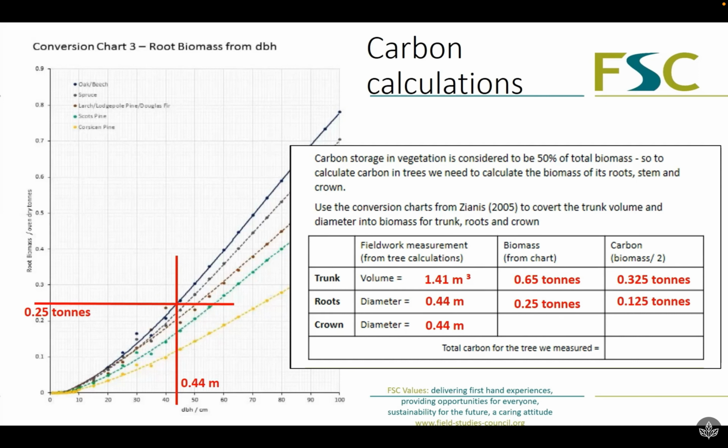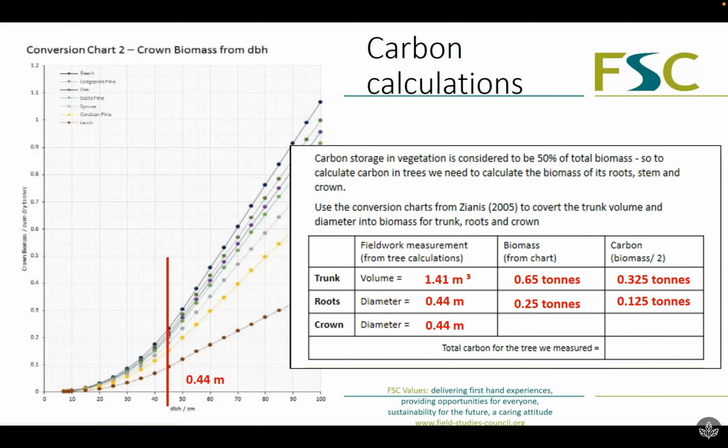And then finally the crown. Again, we need the diameter. Similar process, find my diameter measurement, work out my tree type, beech, go to the dark blue line, and then work my way across. And I've got my biomass of 0.23 tonnes, giving me a carbon content of 0.115 tonnes.